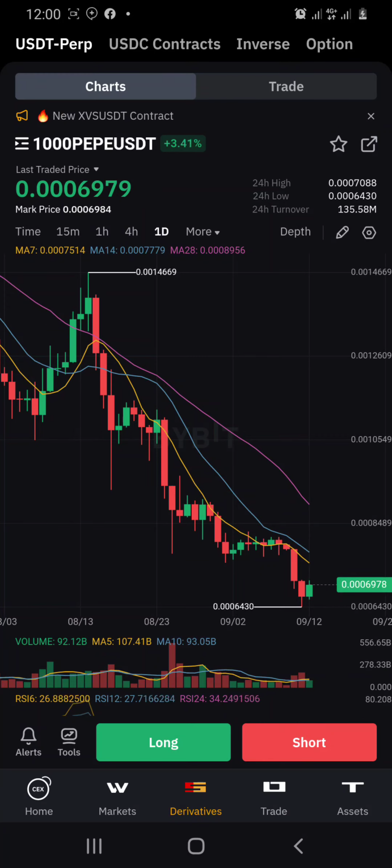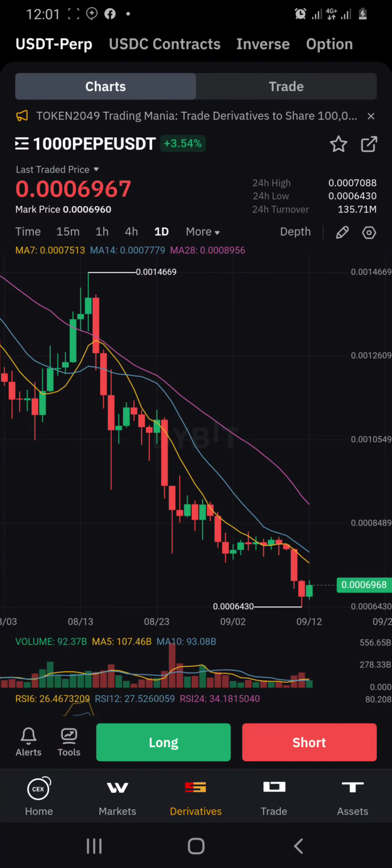I shorted Pepe last 2 weeks, the reason being that I had very bad news about the token. So I jumped in and shorted the token from 0.015. Although the trade is not on this account, so far so good. We have been doing well. We're almost at times 3 plus at the moment.